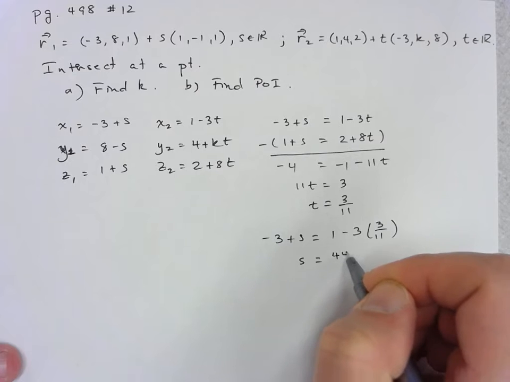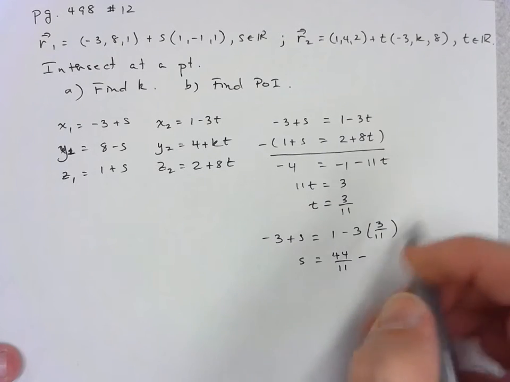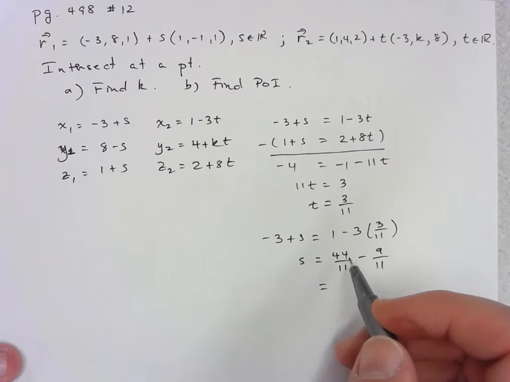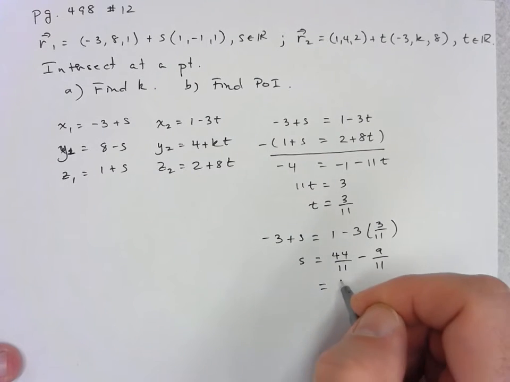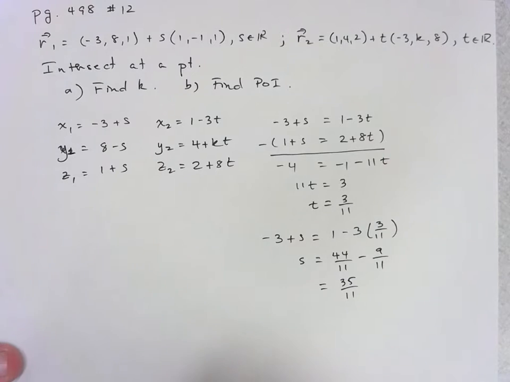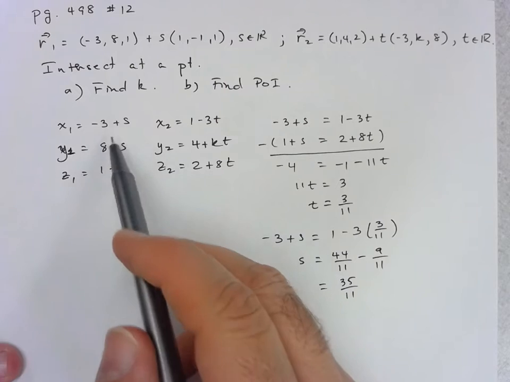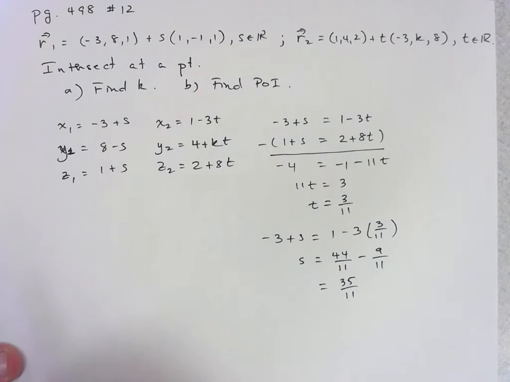So that'll be 44 over 11 minus 9 over 11. So s is equal to 44 minus 10 is 34. So that'll be 35 over 11. Okay, so these are the s and t values that are going to make the first and third equations equal.